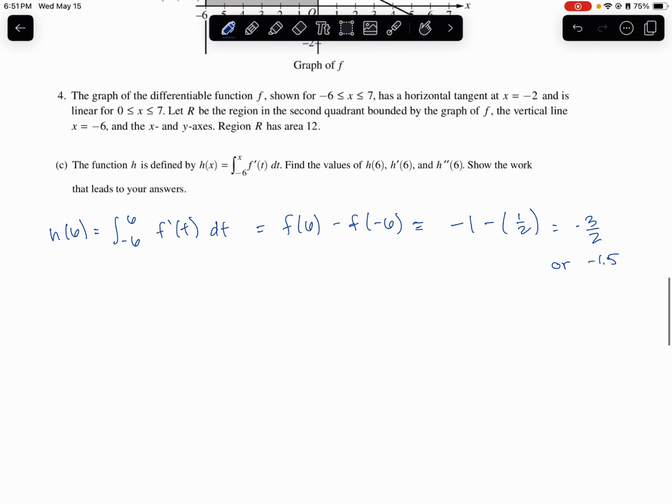Let's see, h prime of 6. Okay, first of all, let me define h prime of x. So h prime of x would be the derivative of this right here.